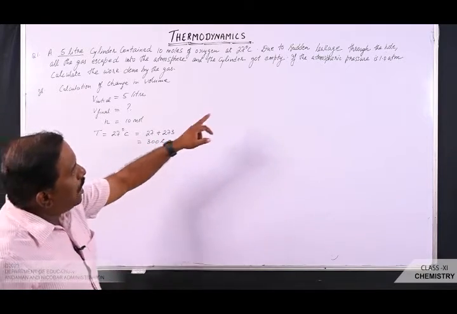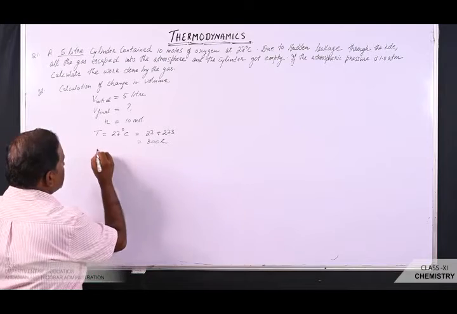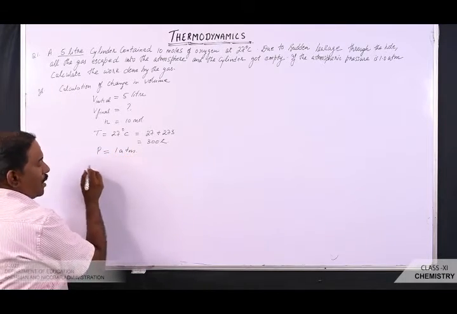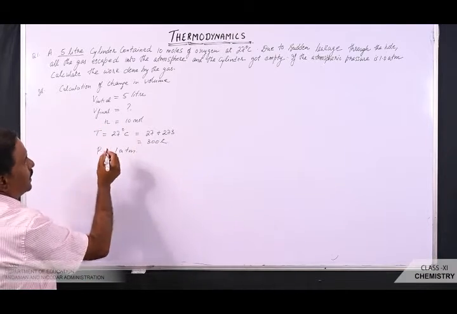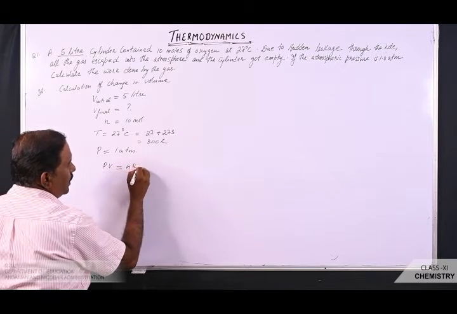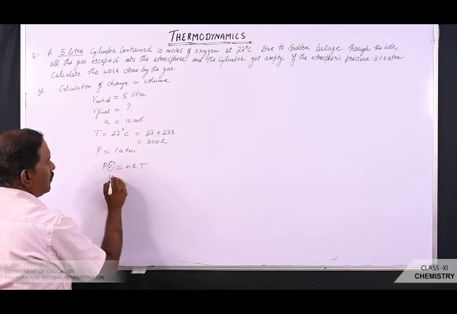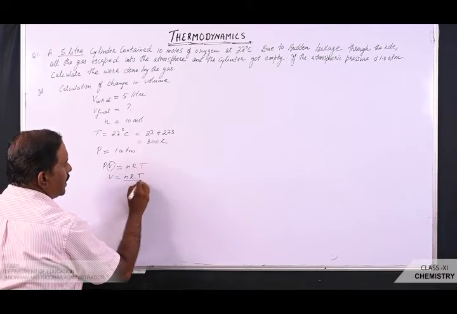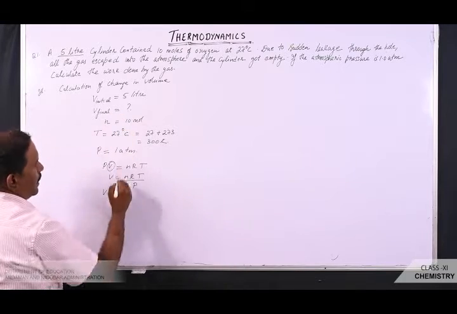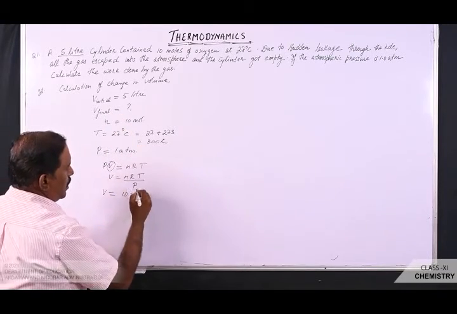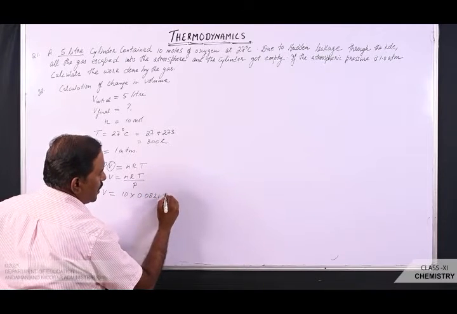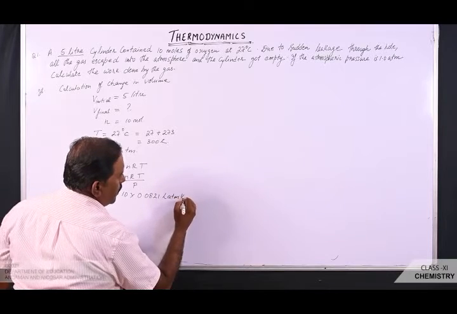Now, atmospheric pressure, that is pressure, is 1 atm. Now we know that for an ideal gas, PV is equal to nRT. So, we have to find this volume. So, V is equal to nRT by P. So, the final volume is n, which is 10, into R, which is 0.0821 liter atm K inverse mole inverse.